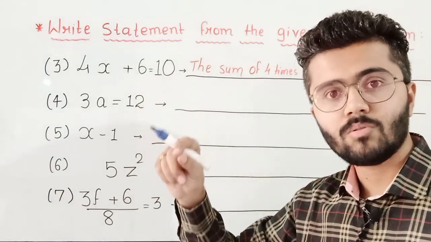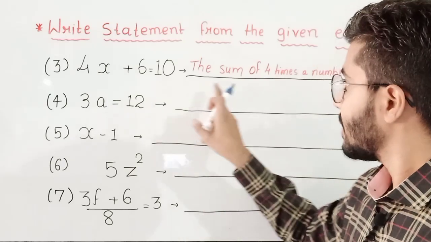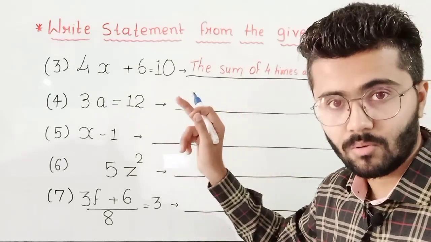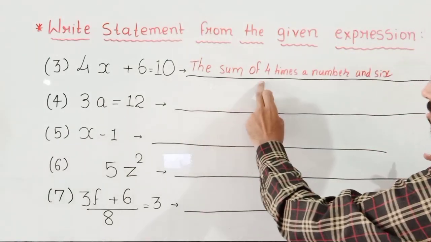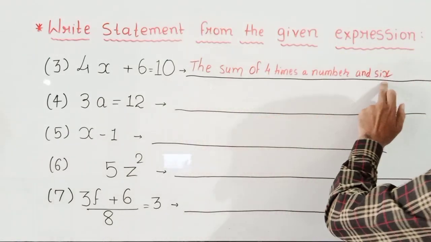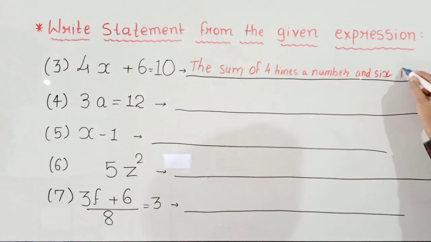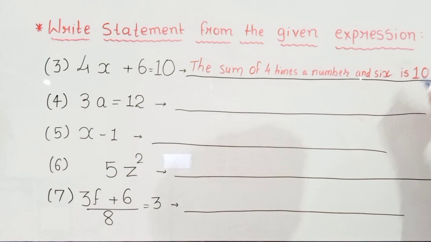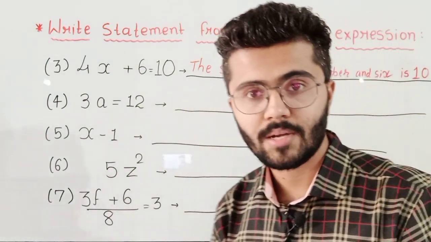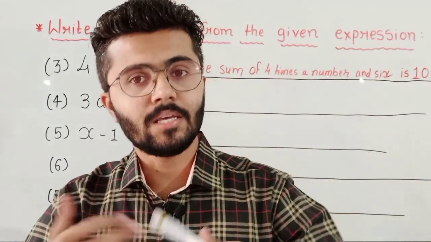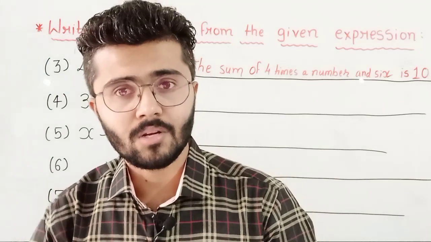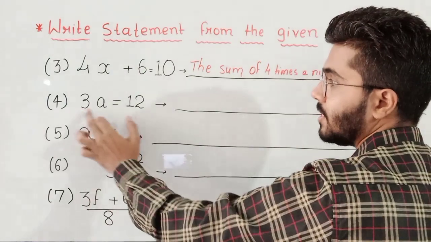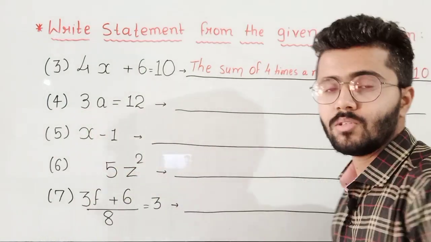So we can write equals to 10. Here already sum is written, means the answer of addition. So if you don't write equals to, that also is okay. We can say the sum of 4 times a number and 6 is 10. We can directly write 10, or you can also write equals to 10, gives 10, is 10. These all are correct.